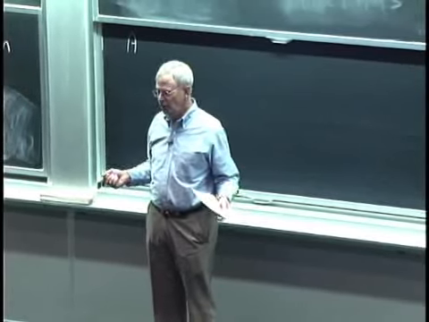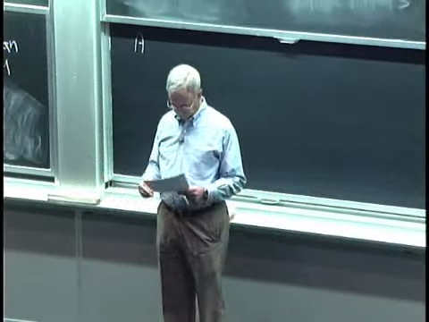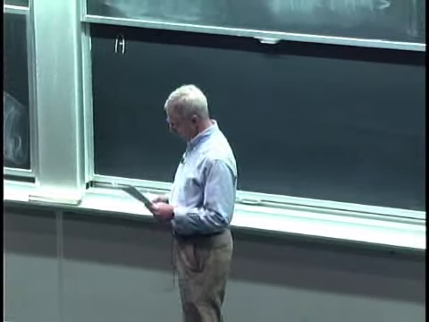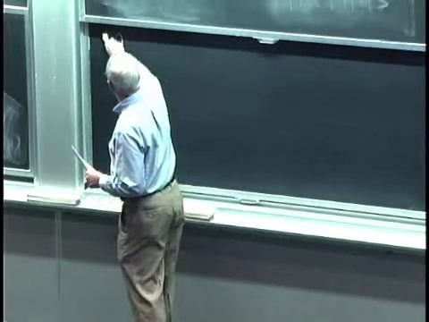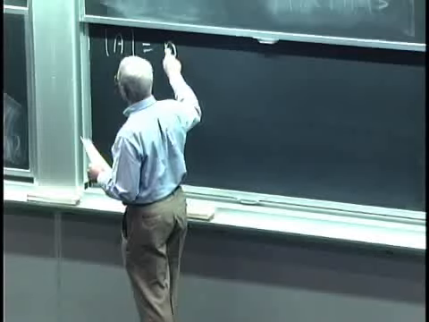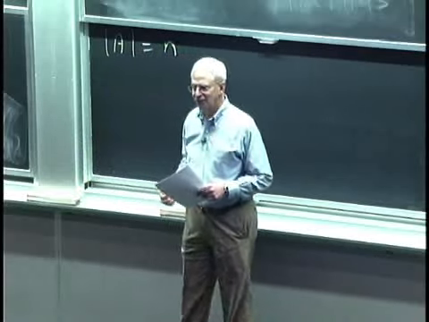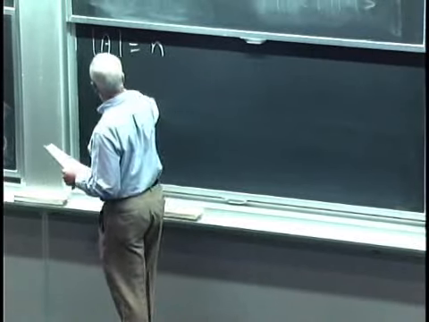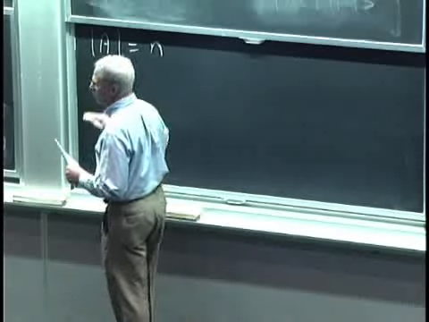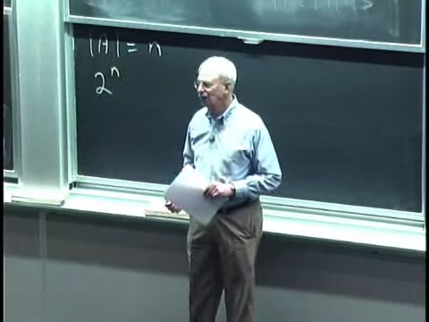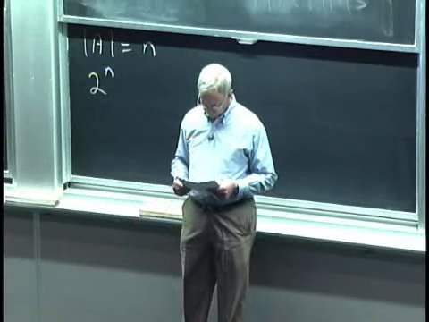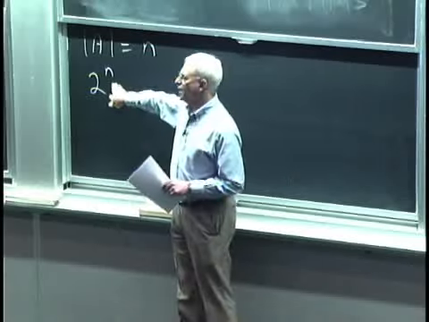There may be more than one, and you're done. On the other hand, if the size of A is n, as to say we have n elements to choose from, then the number of possible subsets is 2 to the n. Remember, we saw that last time looking at the binary numbers. 2 to the n is a big number.